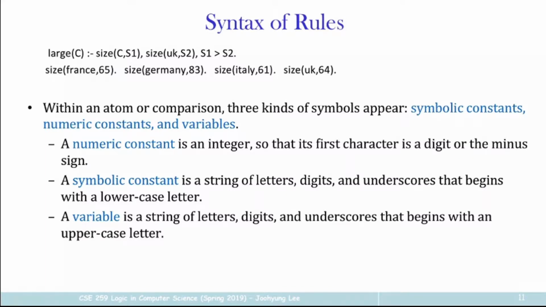Now, the difference between a symbolic constant and a variable, let's say UK versus S2: UK is a specific object, while S2 is a variable that ranges over possible objects. That's the difference. It's like constants and variables in a usual programming language.